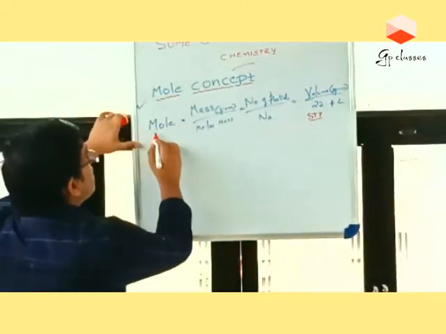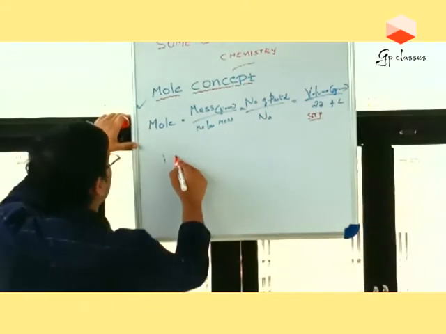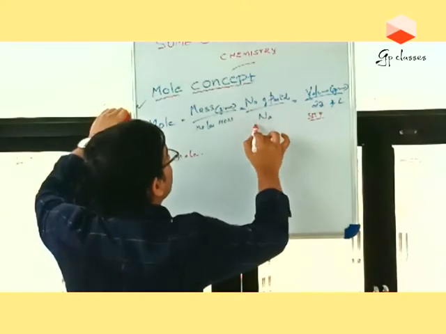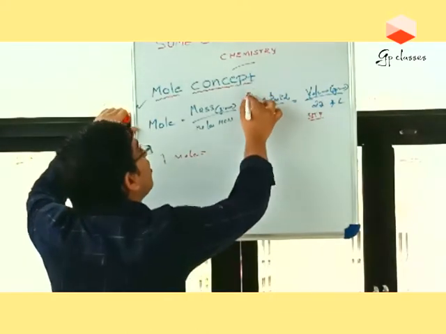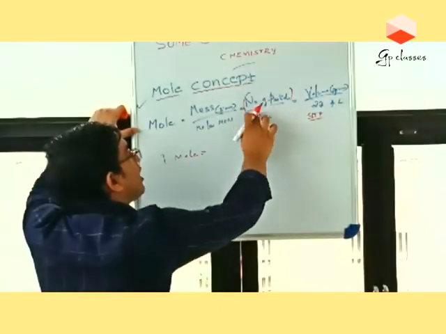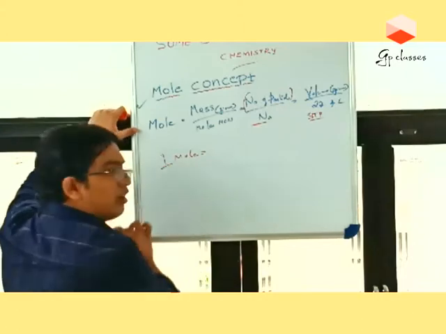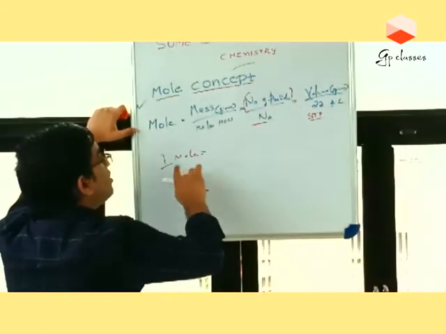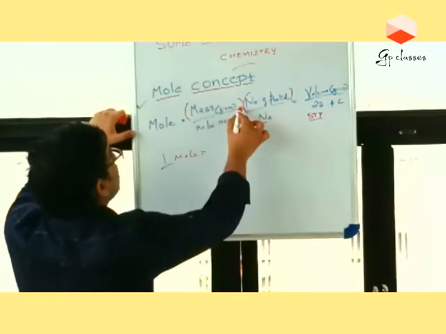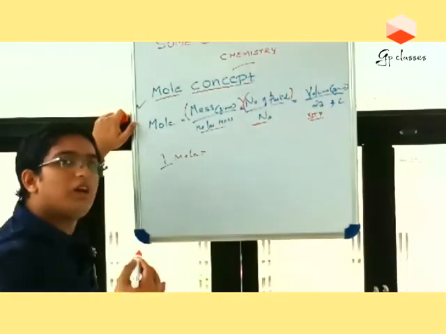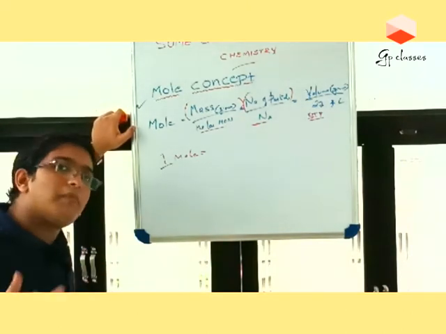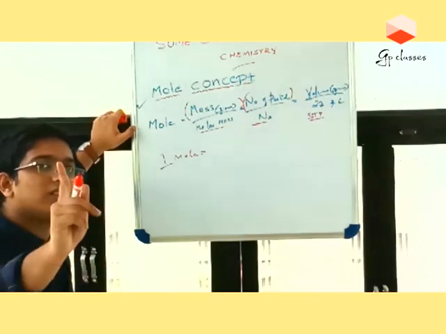So again, how can we define 1 mole? From this equation I can say 1 mole is anything which has Avogadro number of particles. If the numerator and denominator are both Na, the number of moles becomes 1, right? Or I can say 1 mole is anything which has mass equal to molar mass. If the given mass of a substance is the same as its molar mass, we can say the substance is 1 mole.